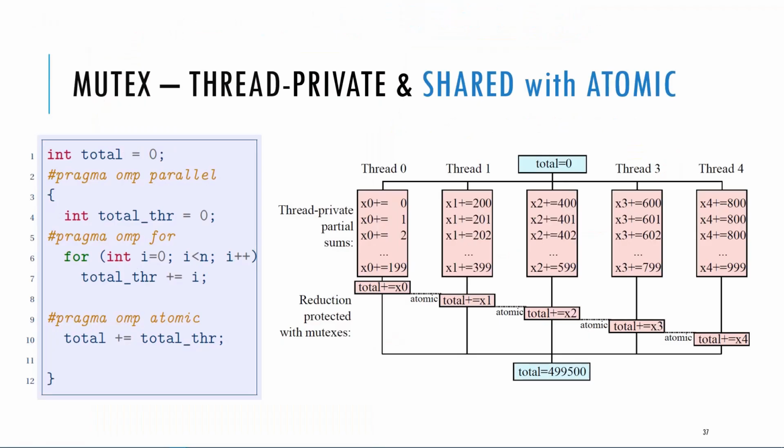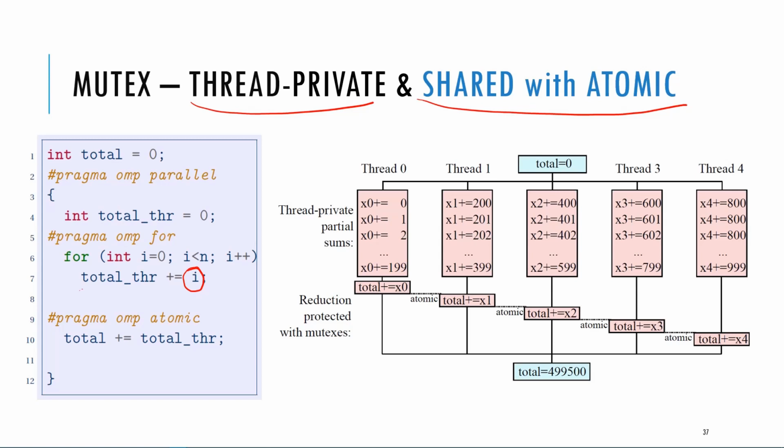Another example in which we are using a thread private variable and a shared synchronized variable with atomic is the following. It's an example in which we are summing up the value of i, the value of the iteration number, with a certain total.